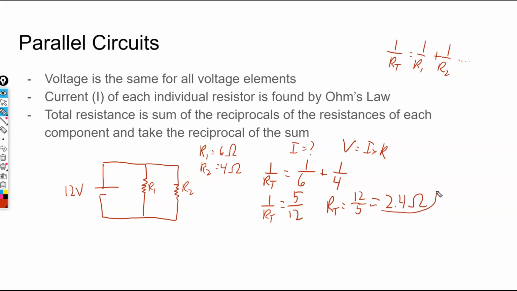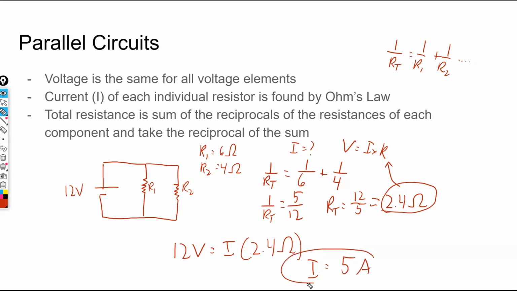So now we can plug this into our Ohm's law. So we have our voltage, 12 volts from our one battery, equal to I, what we're finding, times 2.4 ohms. Divide 2.4 over, and we'll get the current of this to be approximately 5 amps. And there we go.